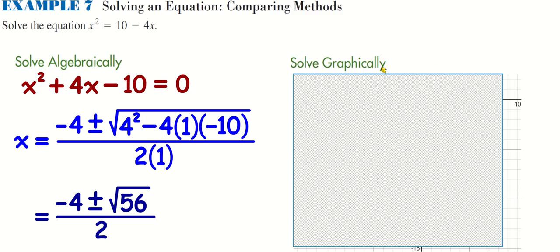Solving graphically. If you remember, maybe in Algebra 2, this is almost like an ultimate secret weapon, a life hack or math hack. If you have access to graphing technology, whether it's your graphing calculator or Desmos.com, this is probably straight from Desmos.com.